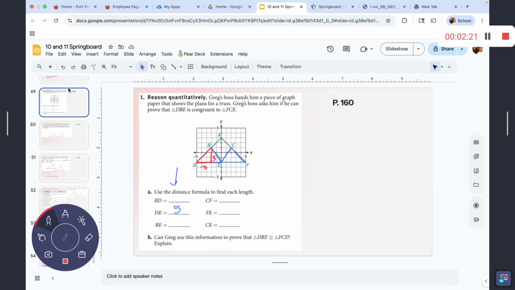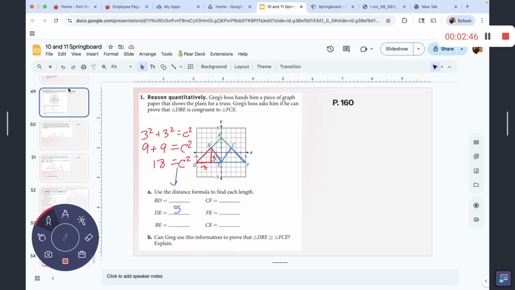And so you can actually use the distance formula. I generally count my distances and then use the Pythagorean theorem. So I would say 3 squared plus 3 squared equals c squared, which will be the long side. So 3 squared is 9 plus 9, which is c squared, 18, which is c squared.